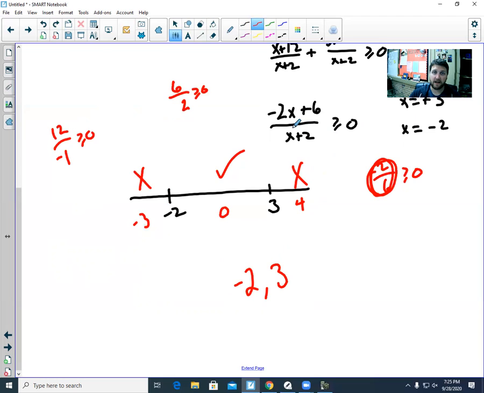If I try to use negative 2 here, it's going to give me an undefined result, and that's not okay, so I cannot include negative 2. But if I use 3, I get 0 in the numerator, and I don't care what's in the denominator as long as it's fine. So this for sure is going to work. So I know every value from negative 2 to positive 3 is going to work, including positive 3. So that's what you're looking at there.